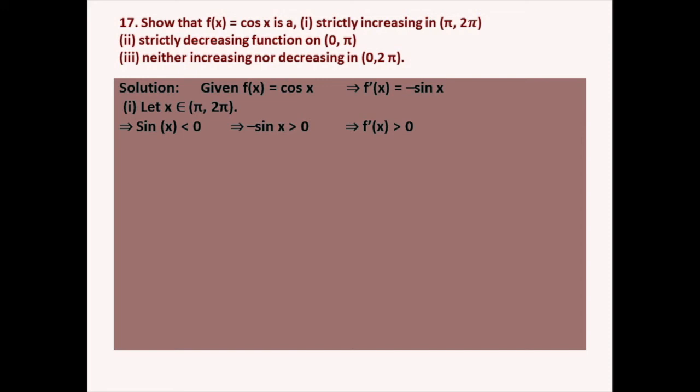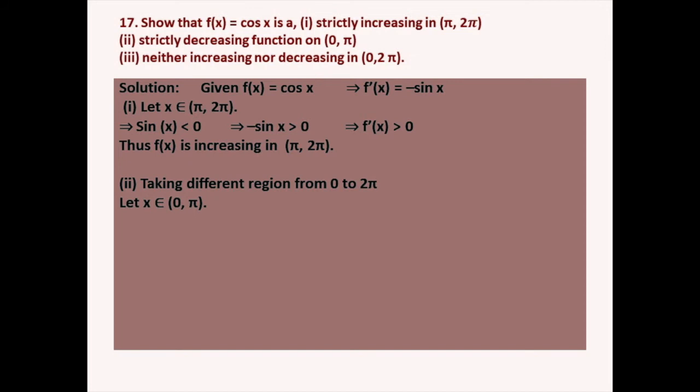If x belongs to pi to 2 pi, that means sin x is going to be less than 0. If sin x is less than 0, that implies minus sin x is going to be greater than 0. Further, which means f dash x is greater than 0. That means my f(x) over here is increasing in the interval from pi to 2 pi.